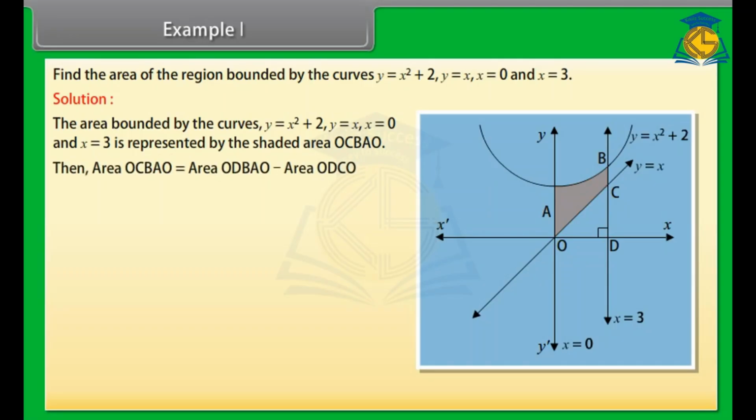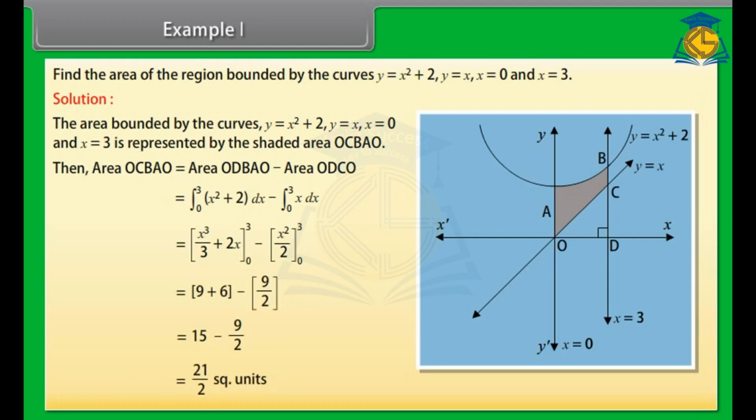Then, area of OCBAO is equal to area of ODBAO minus area of ODCO. That is, integral from 0 to 3 of x square plus 2 with respect to x, minus integral from 0 to 3 of x with respect to x. By solving, we get 21 upon 2 square units.